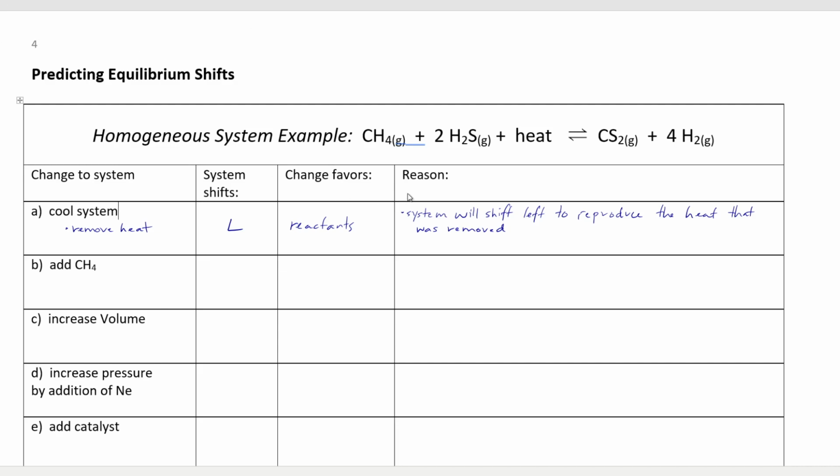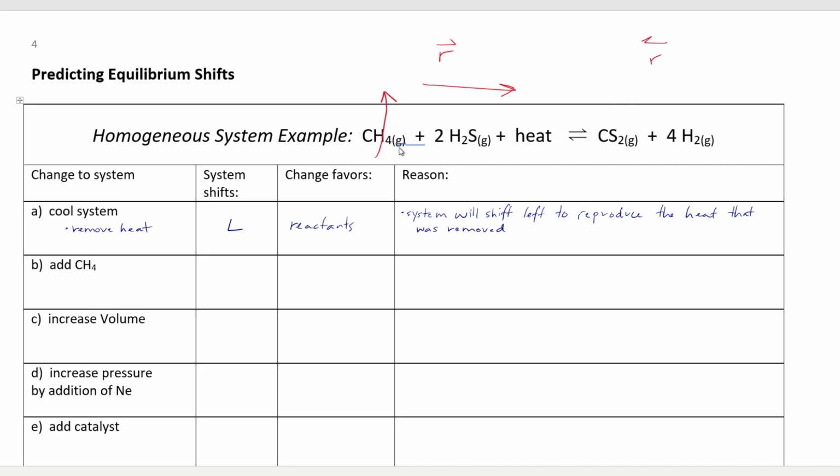If you add CH4, and again, I'm just going to draw this in so you can see this. If you increase the CH4 concentration, the system will shift to reduce that concentration. So the system shifts right to use up the excess CH4 that was added. Again, if we think about it in terms of rates, the forward reaction speeds up because you've increased the concentration relative to the reverse reaction.